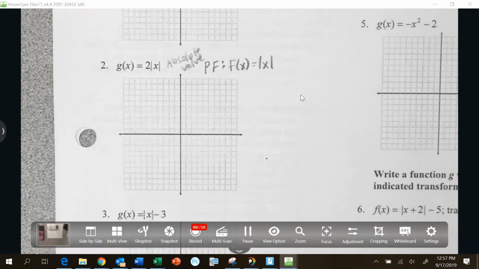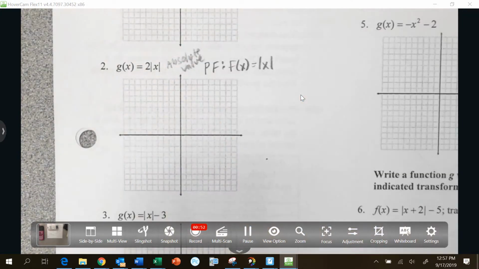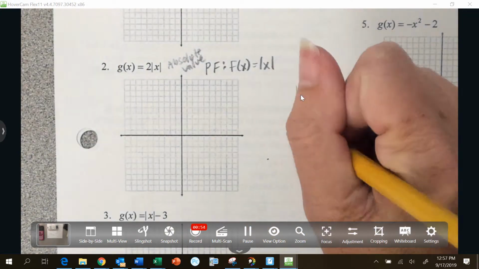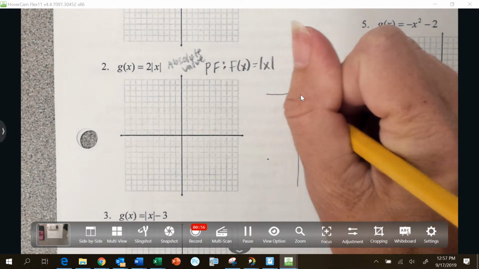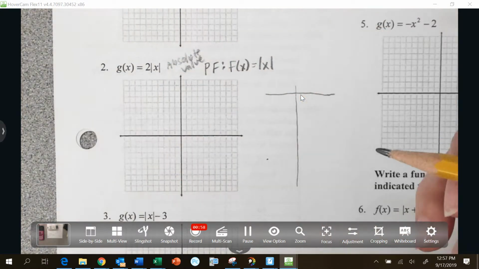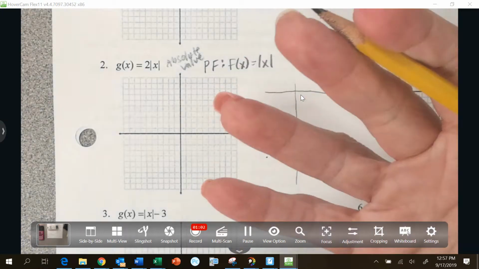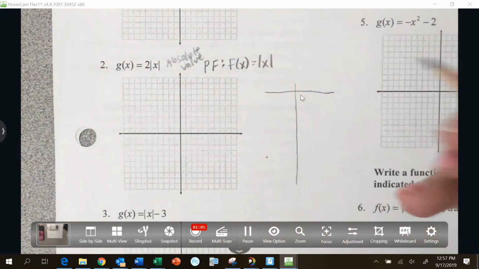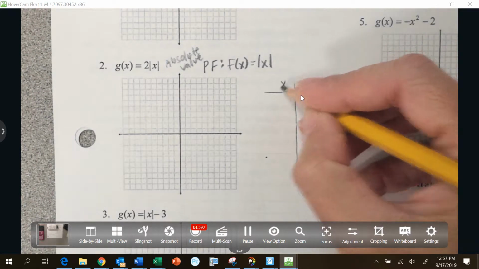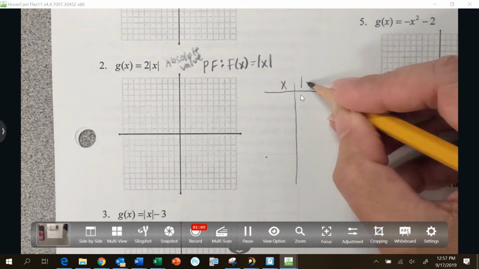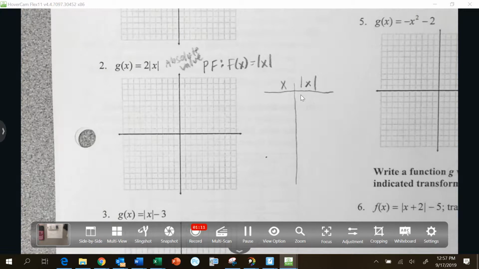If you can't look at the graph and just graph it, then you can make a table. And this is what yesterday some of you were doing, which is totally fine. I don't need to make the table because I've done it so many times. You haven't done it so many times. So maybe you need this table of parent function points where you pick x's and plug them into absolute value of x.